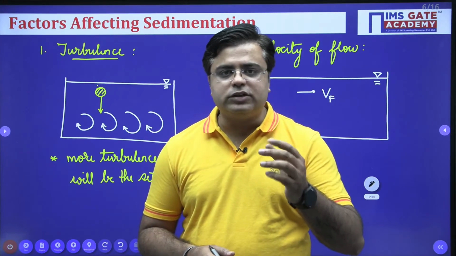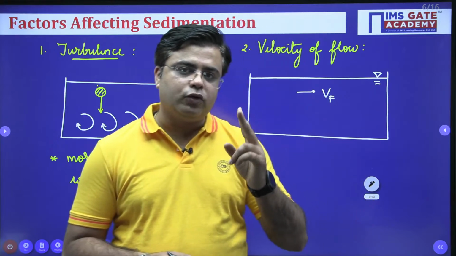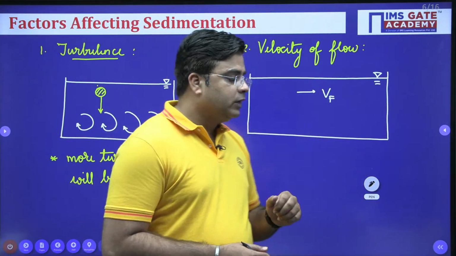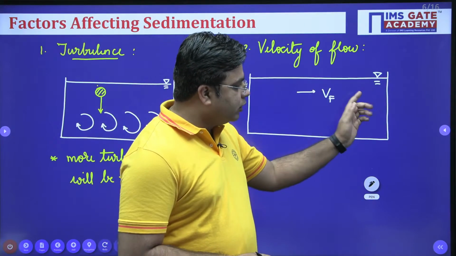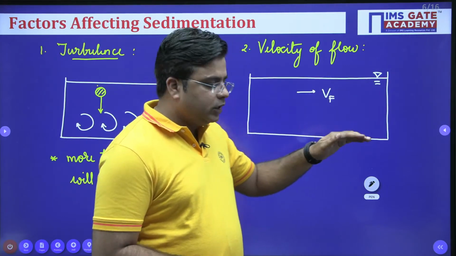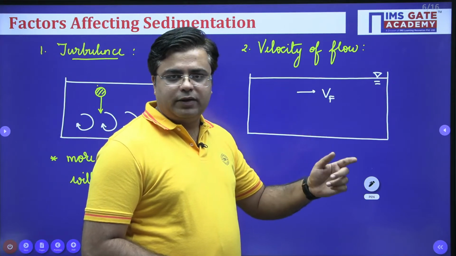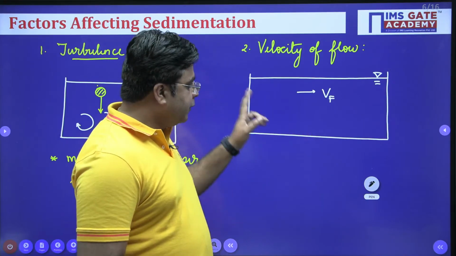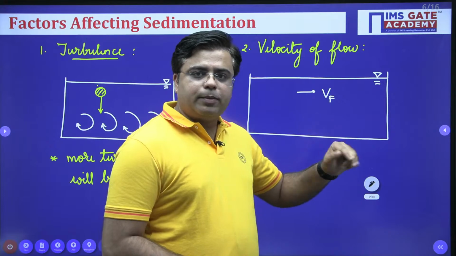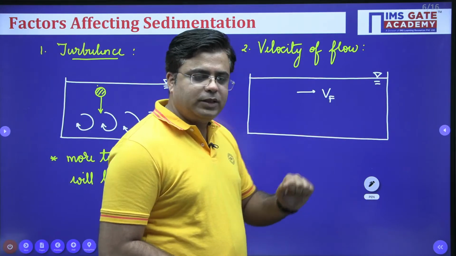So whenever velocity of flow is more, you need to take care of two things. First one is, if velocity of flow is more, the time available with the solids to reach the bottom of the settling zone is less, due to which settling will be less. Second, if velocity of flow is more, turbulence will be more, hence lesser will be the settling.